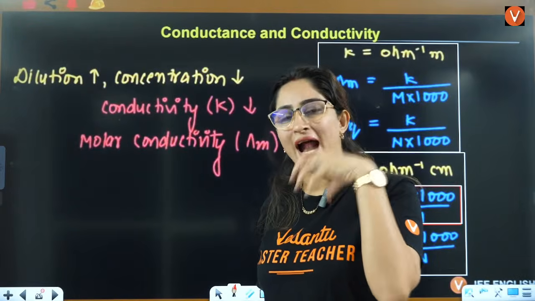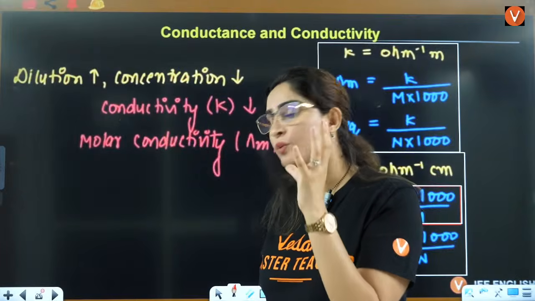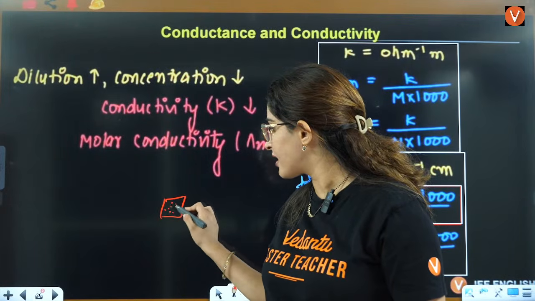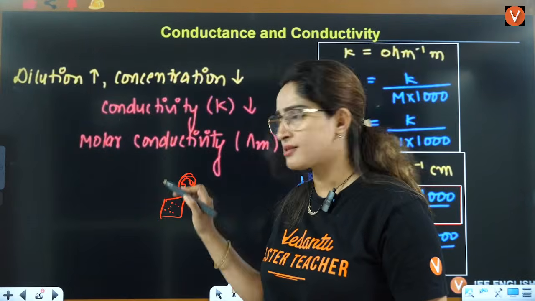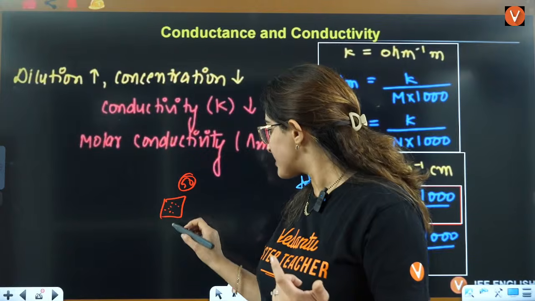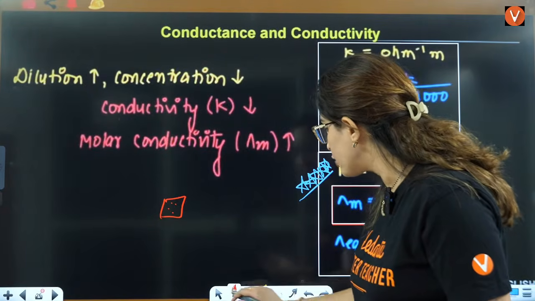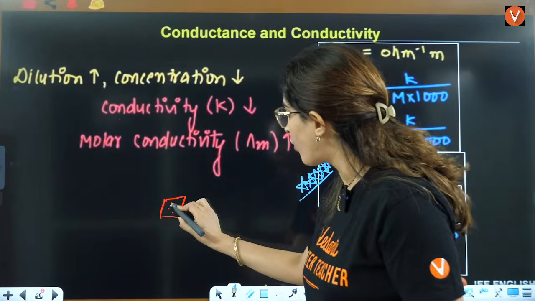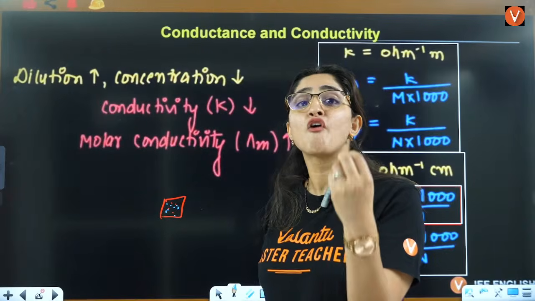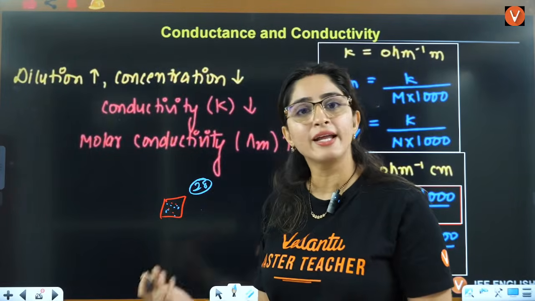Because when you are adding water, for a unit volume, earlier you had, let's say, 50 ions, so conductivity was high. Now when you added water, some of the ions got replaced by water molecules, so the number of ions in that particular solution remained only 20, so conductivity decreased.